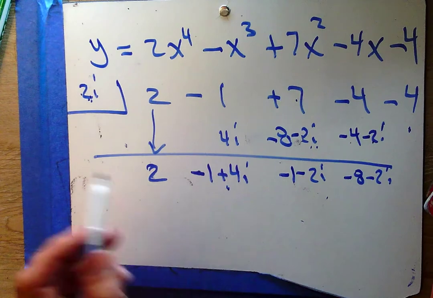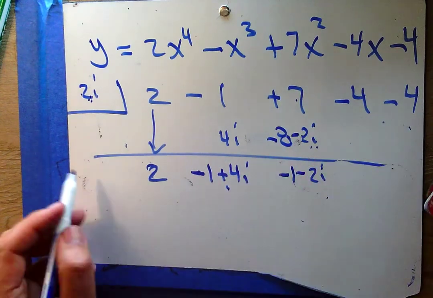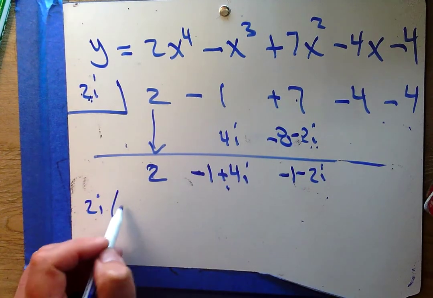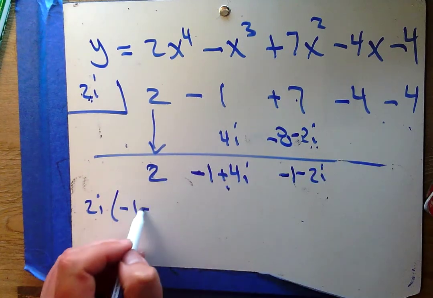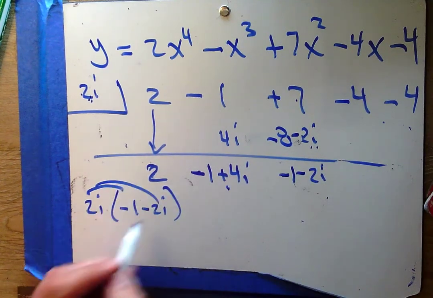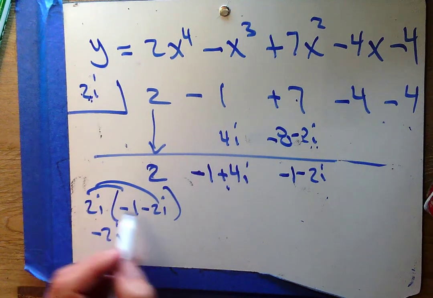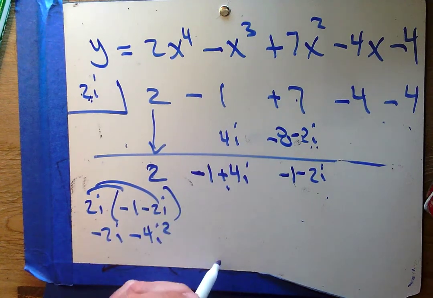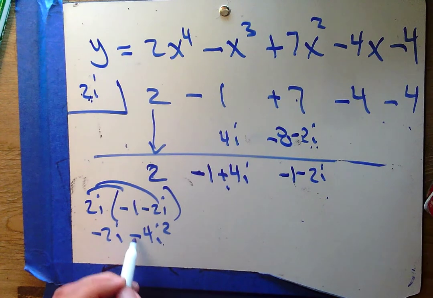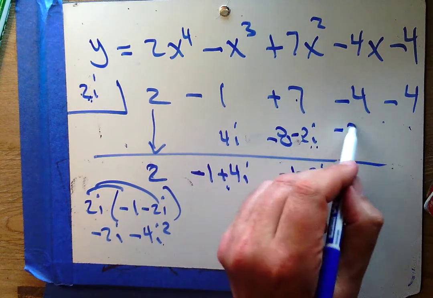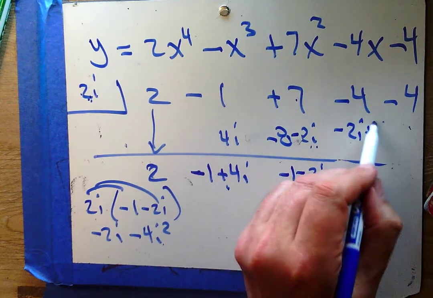Okay, and that might explain why I had an issue over here finishing the problem. So I want 2i times negative, no, I still have that 4 to do. So I distribute negative 2i minus 4i squared. We said i squared was negative 1. We've got negative 1 times negative 4 is positive 4. So negative 2i plus 4.